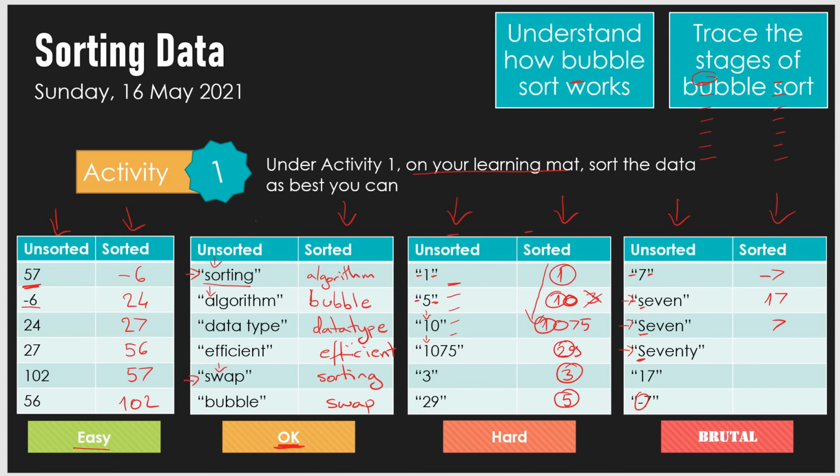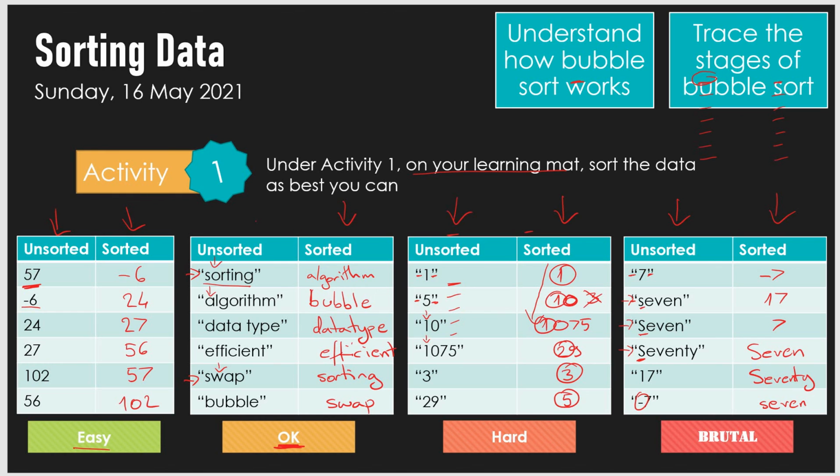So from these words, we would have 7, and then we would have 70, and then we would have 7 with a lowercase s. So this would be the correct way of ordering this data in ascending order.